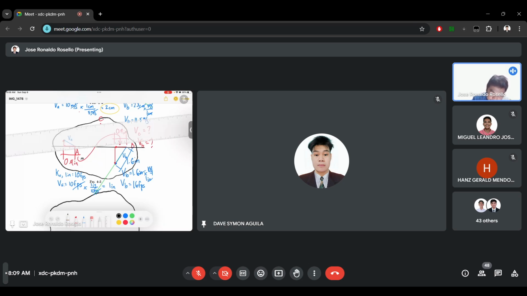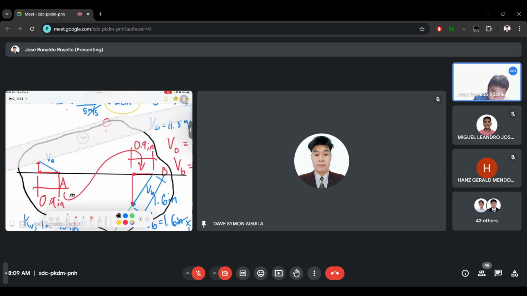So to determine velocity at point C, like how we determined velocity at point B, we have to first connect those two points.